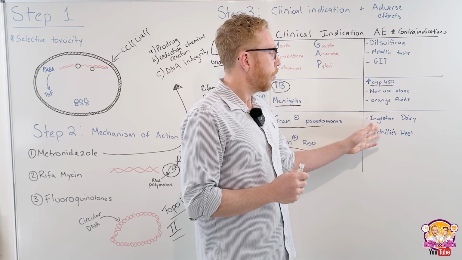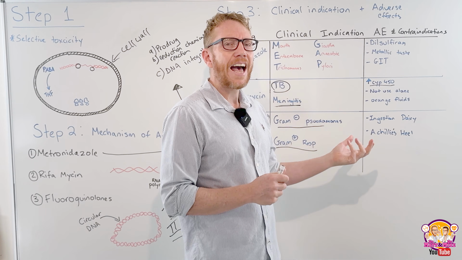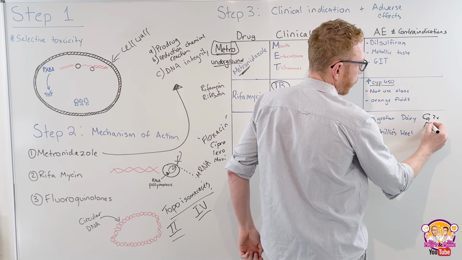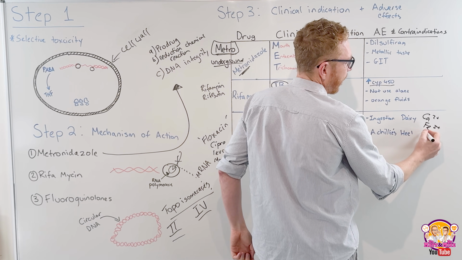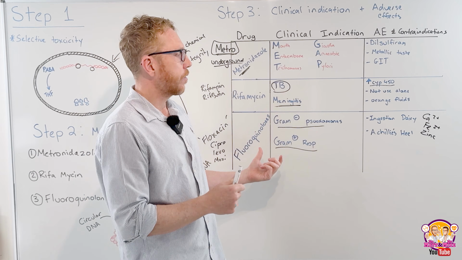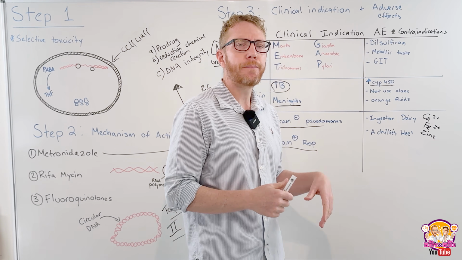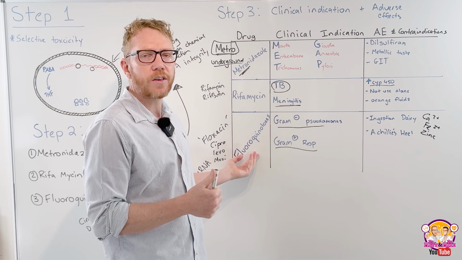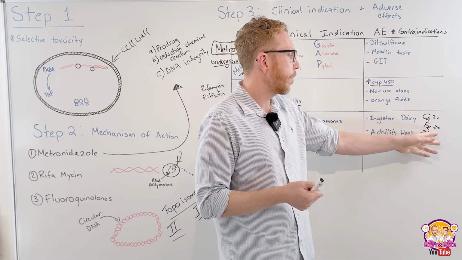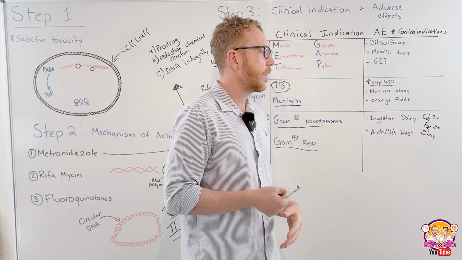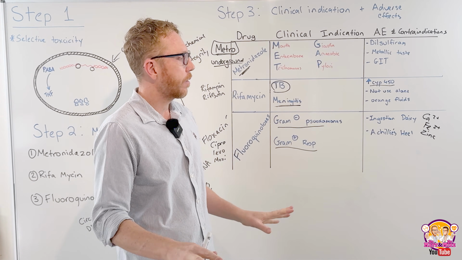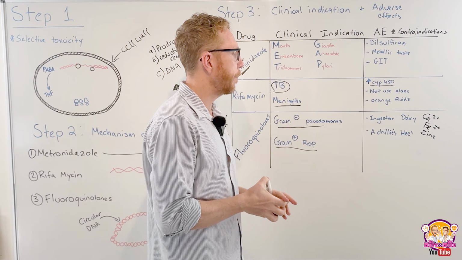Some considerations of use: certain cations like calcium, iron, so Fe2+, and zinc seem to chelate with this medication. So if a patient was to ingest dairy like milk at the same time as taking this medication, the drug and the calcium can combine, or with other supplements like iron or zinc, which chelates, takes it out of solution, and then they can pass it out without being absorbed. So just be mindful of that.